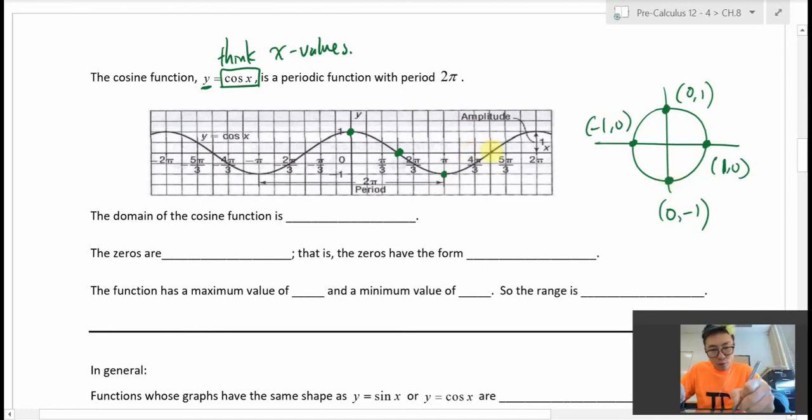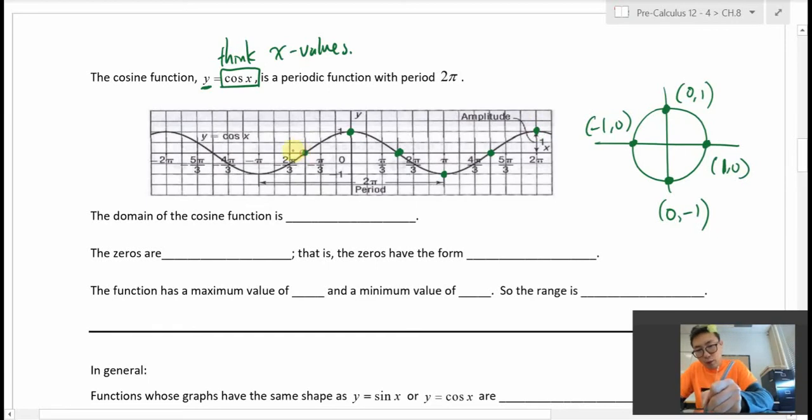So at 3 pi over 2, our y value is 0 on the graph. Finally, once we return to original position, so that's 2 pi, that's 1 period, the x value on the unit circle is 1. So when it goes back to 2 pi, here is 1 for the y value on the cosine graph.